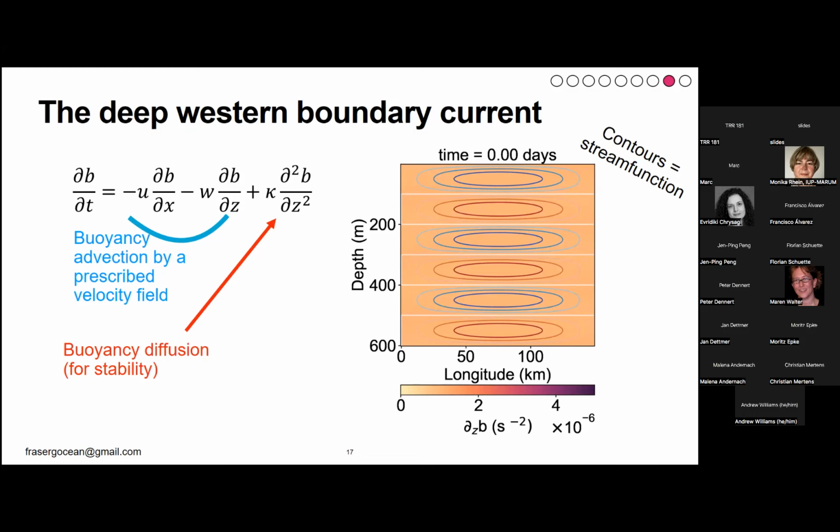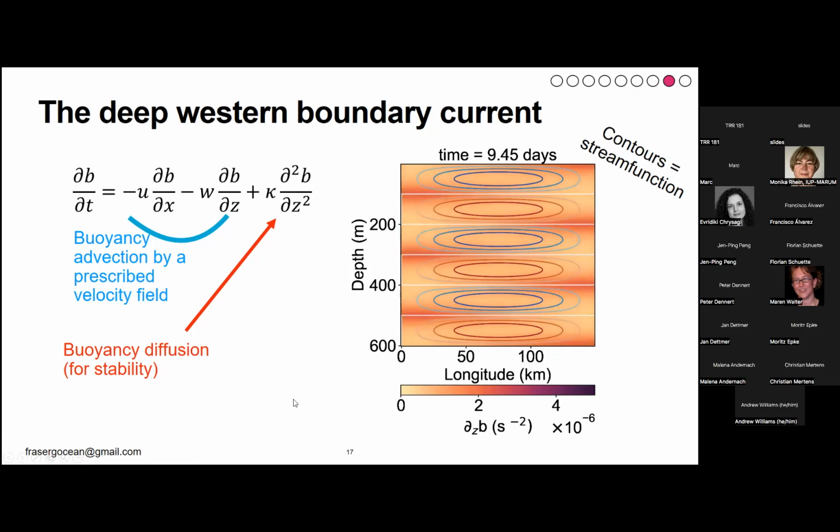And we also have some diffusion of buoyancy, which we need for mixing and a bit of stability as well. This plot on the right, in color, shows dB/dz, and these contours show the overturning stream function, which we're prescribing for this model. So we're prescribing U and W in terms of an overturning stream function.